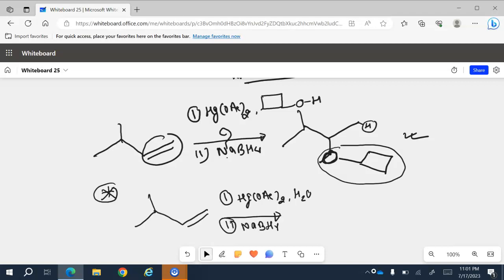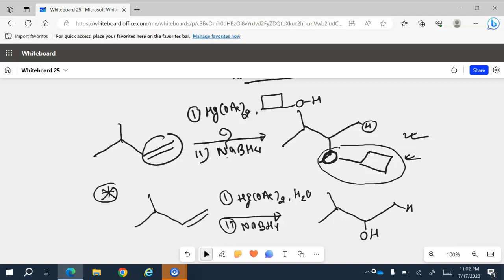If you cannot figure out the alcohol at this point, we can do this also. For the same result we can take another approach. First of all, this will add water: hydrogen here and OH here.